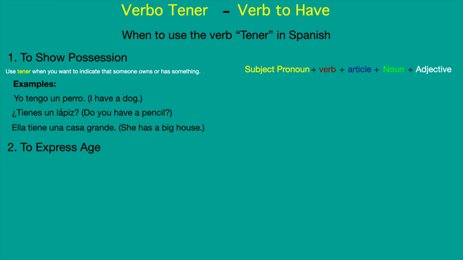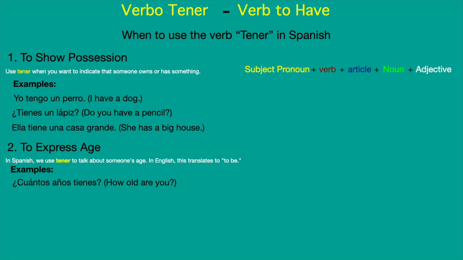In English, you say I am, so you use the verb to be, but in Spanish we use the verb to have, tener. Here we have some samples. ¿Cuántos años tienes? How old are you? Again, in English we use the verb to be, but in Spanish we have the verb tener.